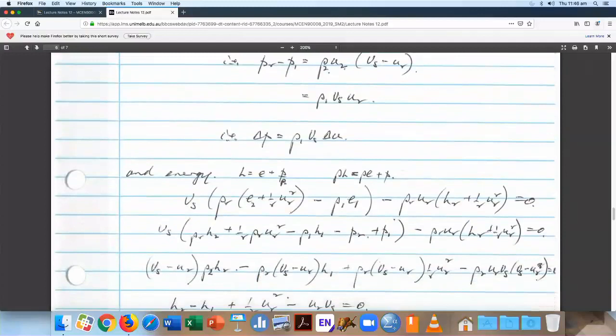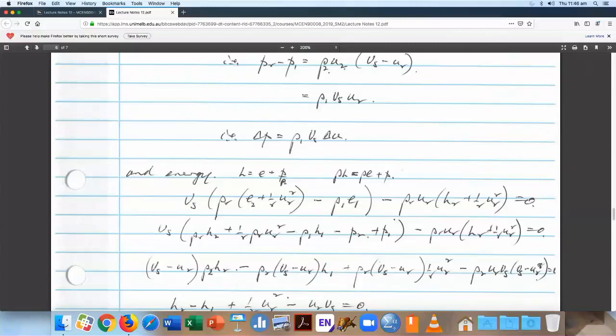If we do the energy equation, and I've done it here for you, what is the energy equation in words? The rate of change of energy in the volume, but now the energy is the internal energy plus a half u squared. And this rate of change is going to give me a u_s delta t, and divide by delta t to take the derivative with respect to time.